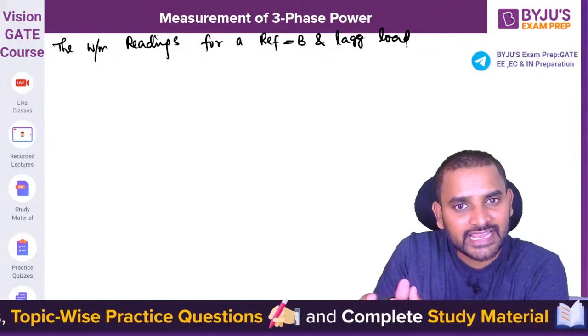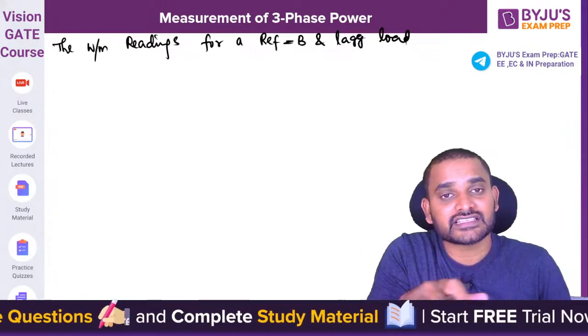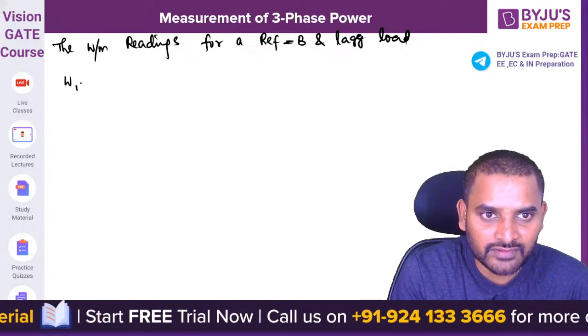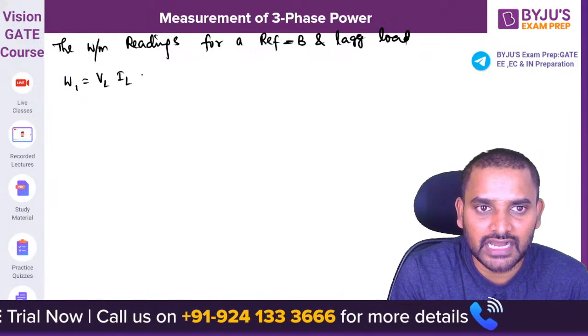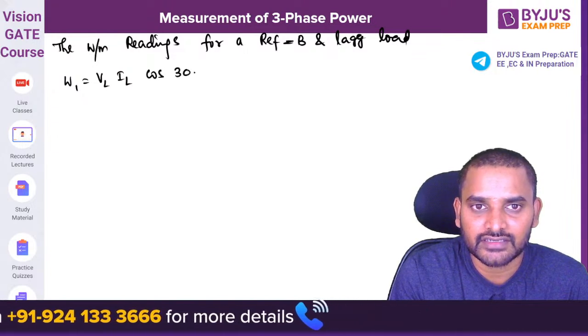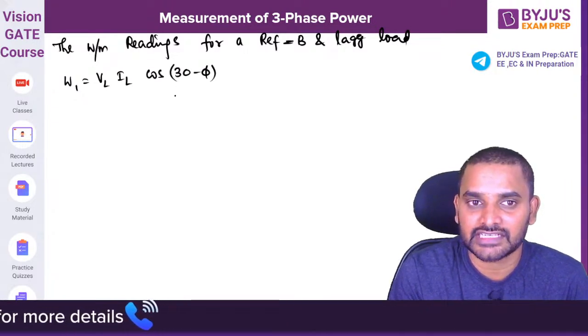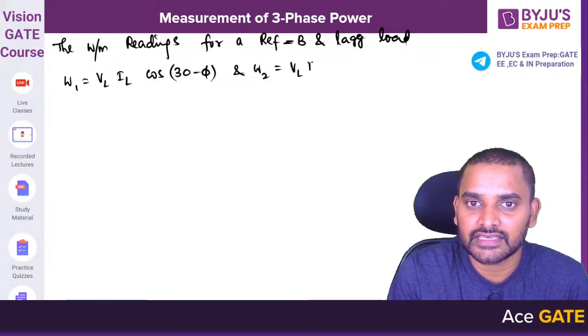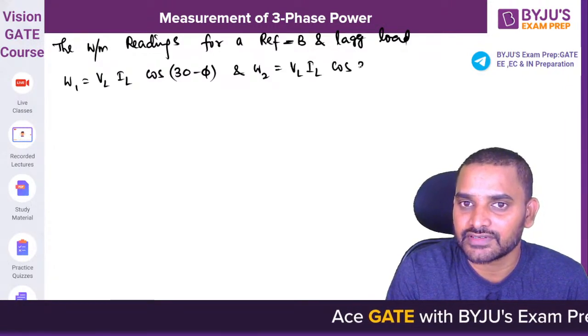If the load is lagging and we have taken the reference as B for the wattmeters, then the wattmeter readings are W1 equals VLIL cos 30 minus phi, and wattmeter 2 reading will be VLIL cos 30 plus phi.